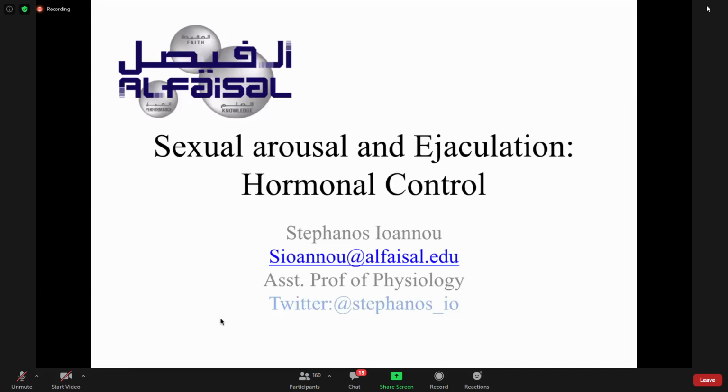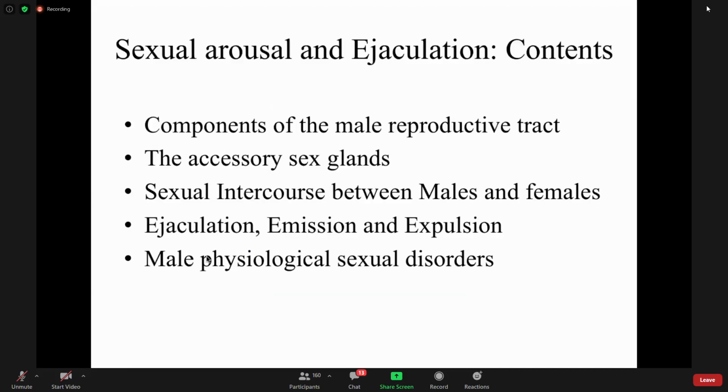Okay, sexual arousal and ejaculation. When it comes to sexual arousal and ejaculation, there are certain elements that are very important. These mainly relate to the semen, where it's being deposited, the accessory sex glands, which give us the bulk of the semen, and also the engorgement of the male penis, which provides the vessel through which semen is going to be deposited in the cervical canal.